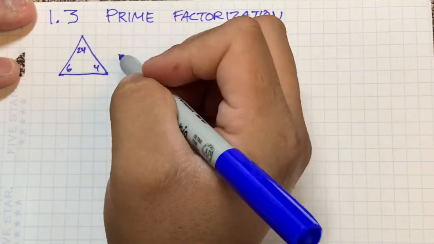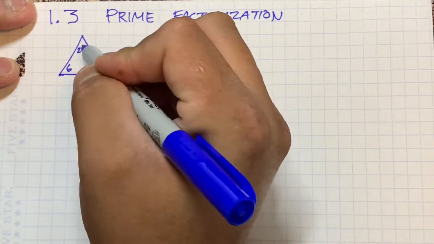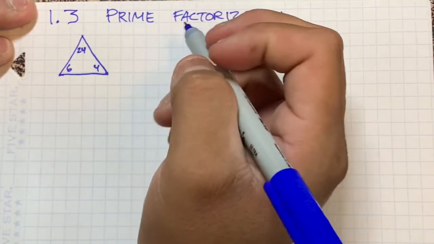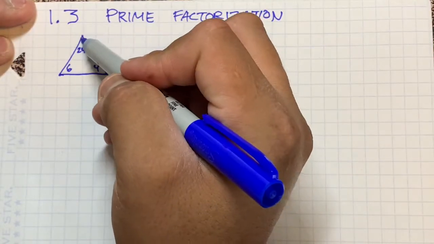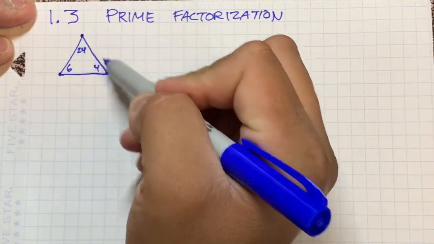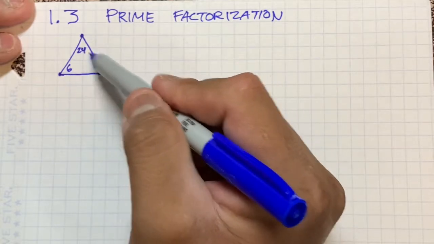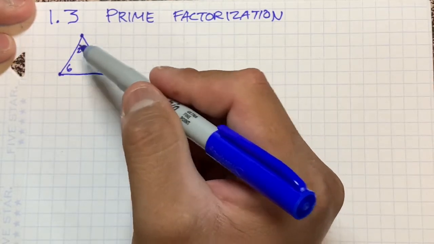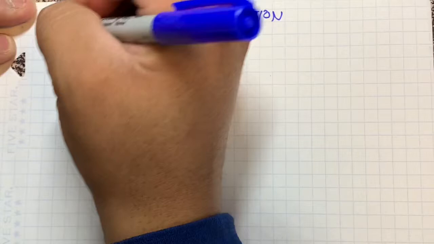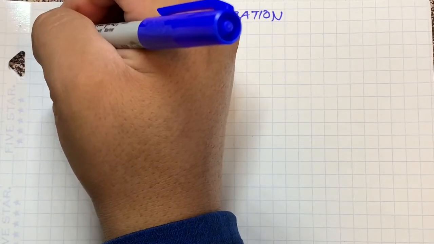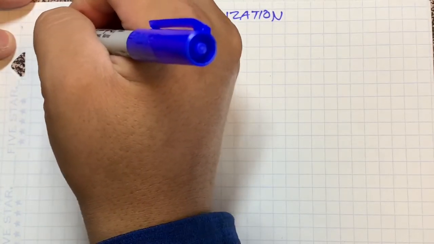At the same time, we know that 6 times 4 equals 24. So in this sense, at each vertice, that is the corners here of the triangle, at each vertice we do have a number. In this sense, we call this a fact family tree.